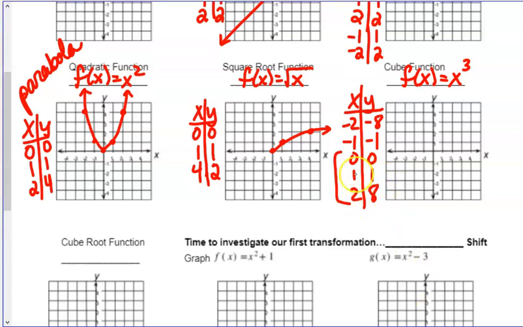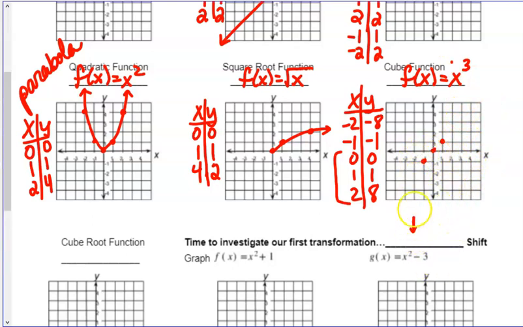Notice with these 2 points here that the opposites of both coordinates also are created as points. So we have (0, 0) for our cubic. This is what we call an inflection point. Over 1, up 1 gives me another point. Over 1 and down 1 gives me another point. Over 2 and up 8, which is about there. And over 2 and down 8, which gives me something like that.